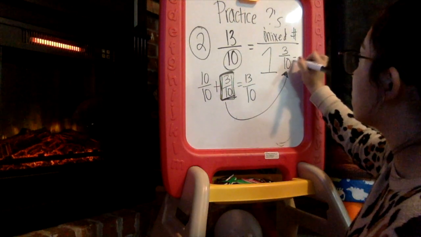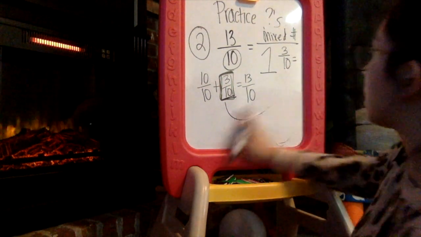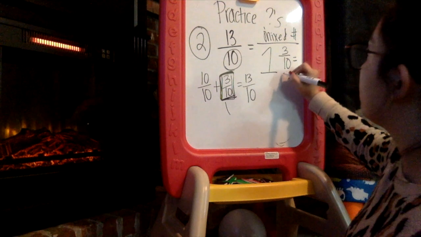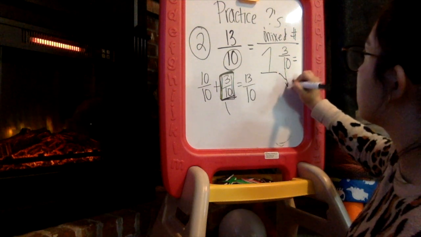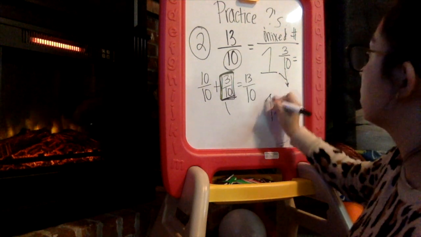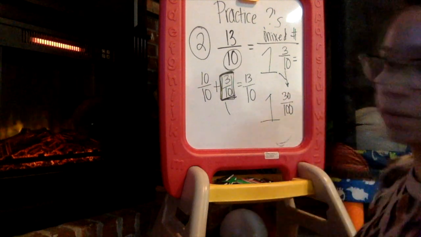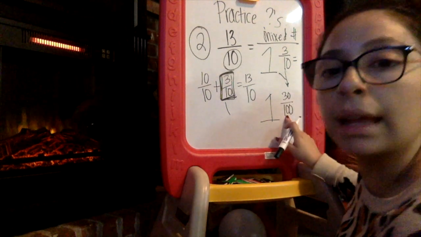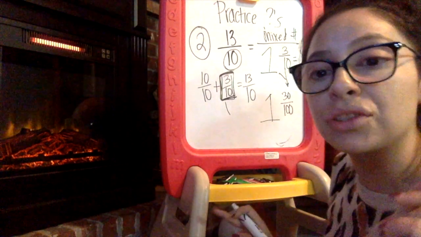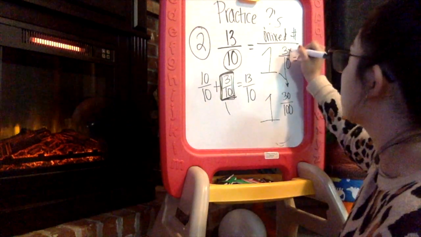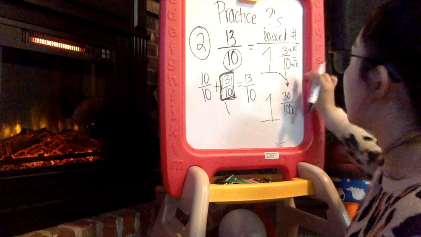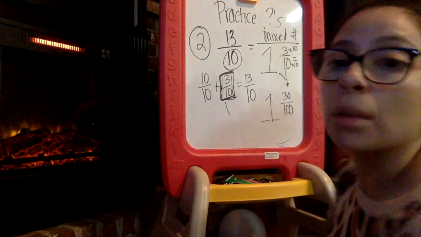So this is also the same as, let me erase this. This is the same as 1 and 30 hundredths. So if you're forgetting how we solved that, look at your notes from yesterday. We multiplied our numerator and denominator by 10. And remember, that's all about equivalent fractions.